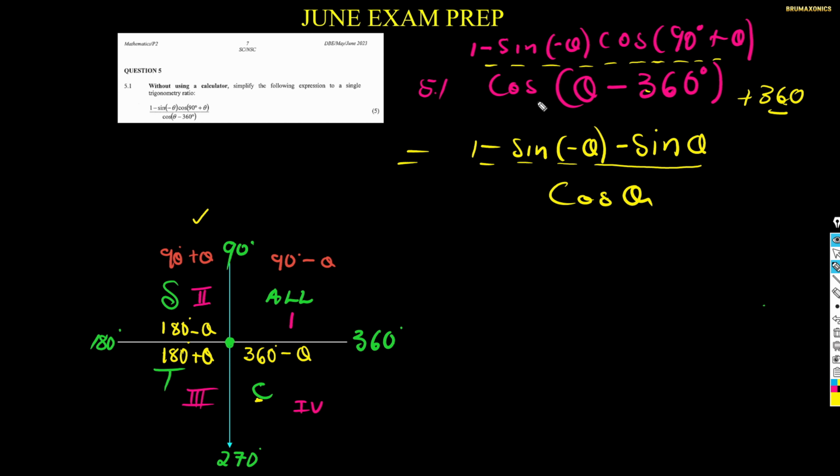And also if this is at 180, the cos does not change. It only changes when we have anything that has to do with 90 degrees, right? Anything that has to do with 90 degrees.